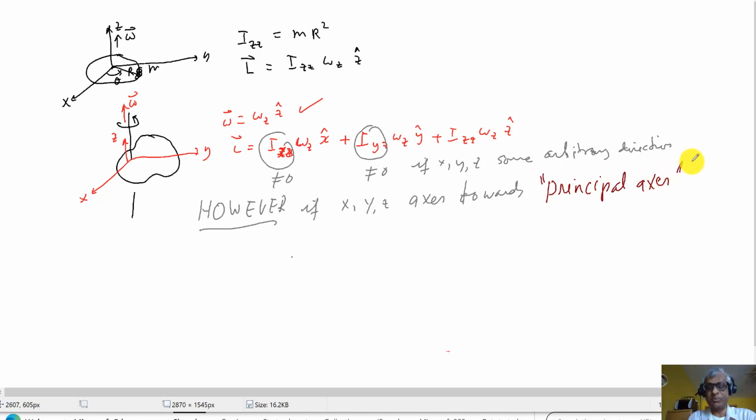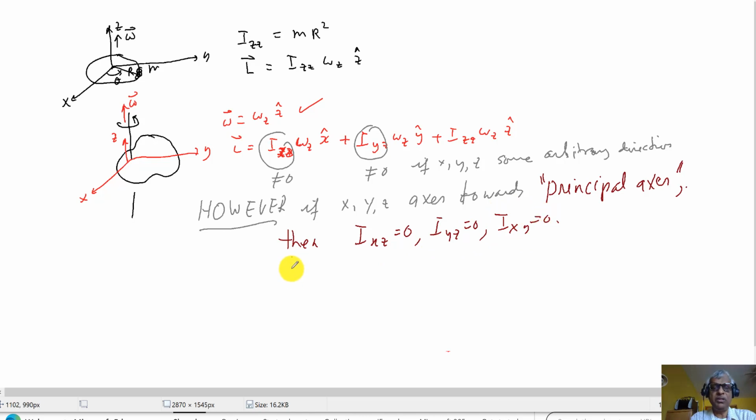Later on you will learn how to find them in an arbitrary case when you do linear algebra or a more advanced mechanics class. So when you have principal axes, then Ixz is 0, Iyz is 0, and Ixy is 0.